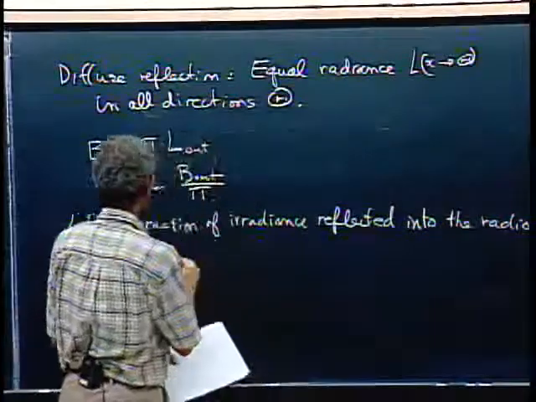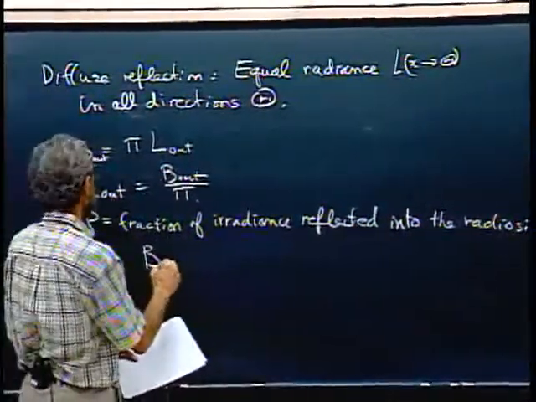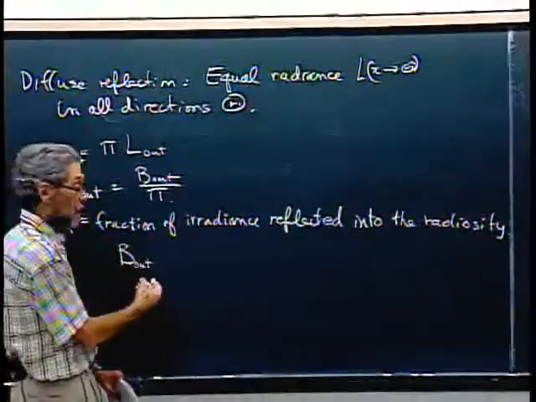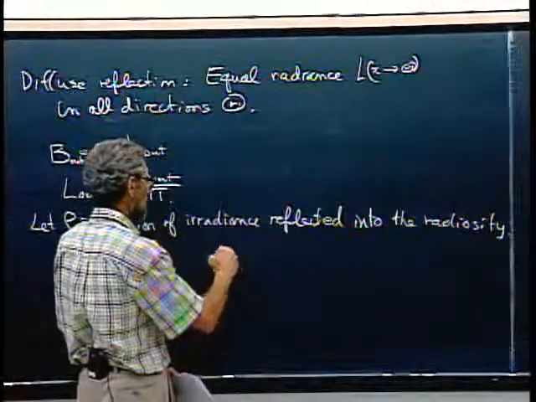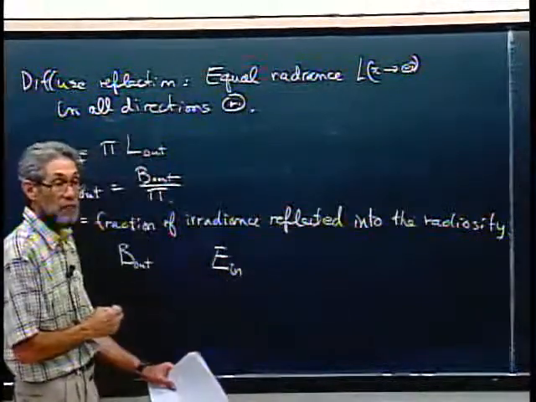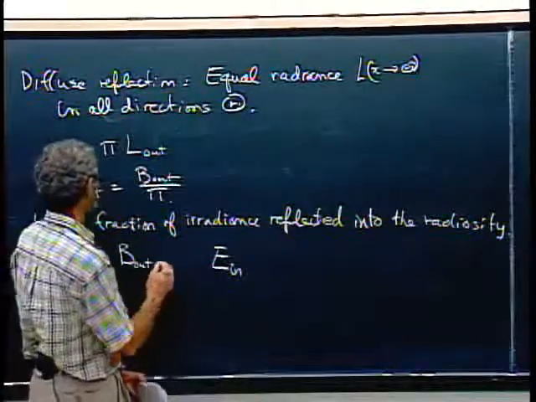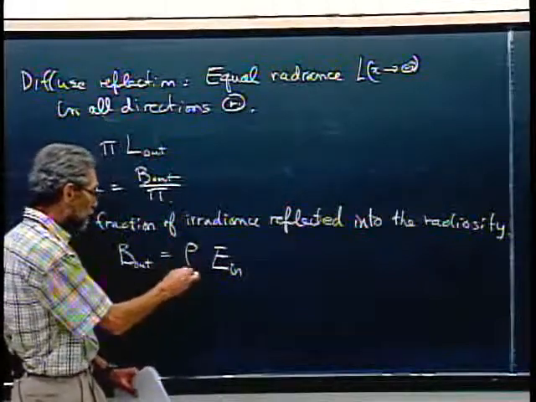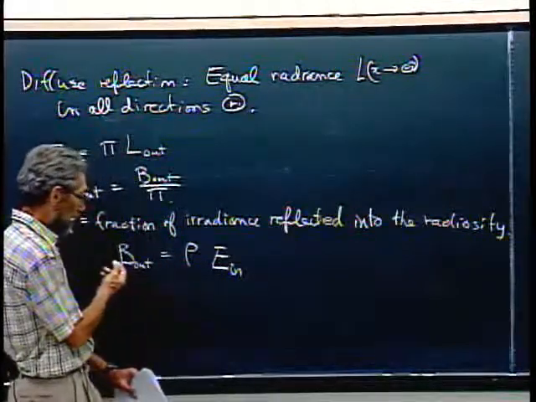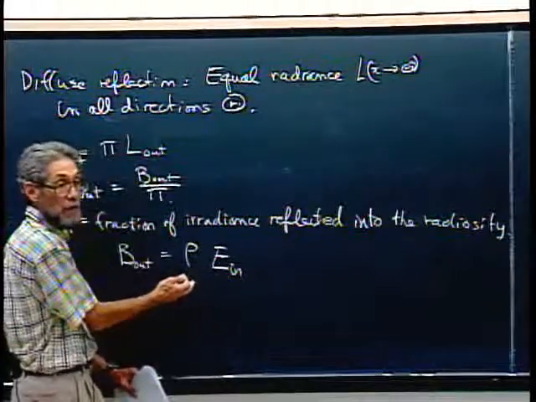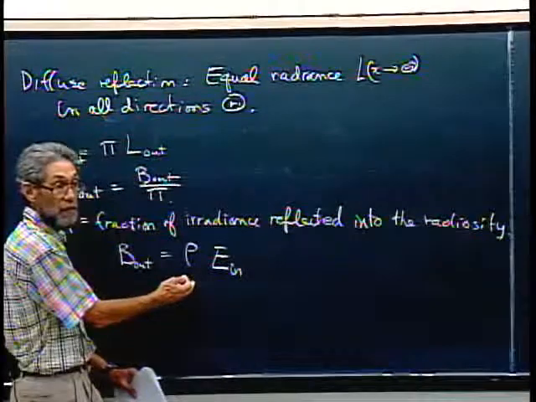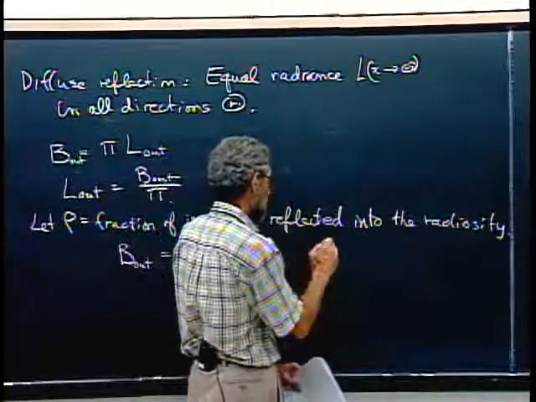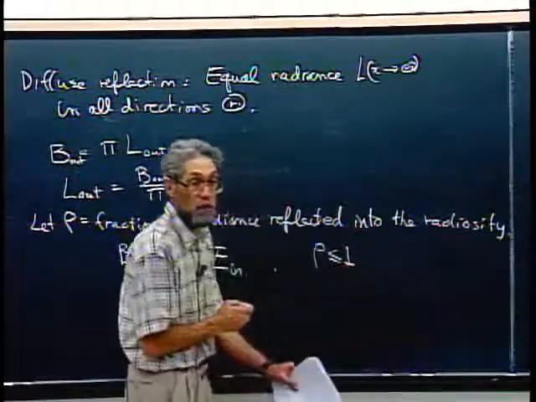So the idea is this radiosity B, maybe I should call it B out, represents flux per unit area. And the irradiance coming in also represents flux per unit area. And you could call it the hemispherical reflectivity. It says if you integrate all the light that comes out, what fraction of the light that comes in does that represent? The rest is absorbed by the surface. And since it's a fraction, by conservation of energy, rho is less than or equal to 1. It can't be more than 1.